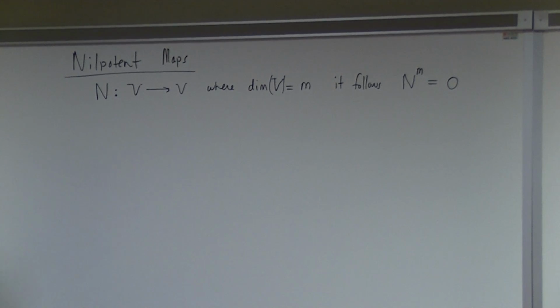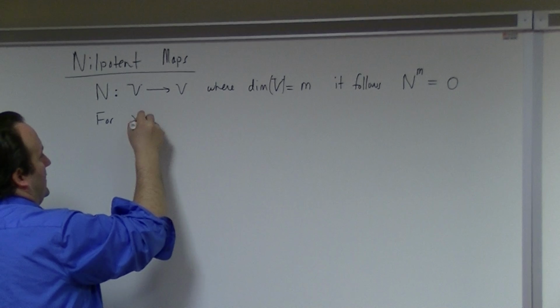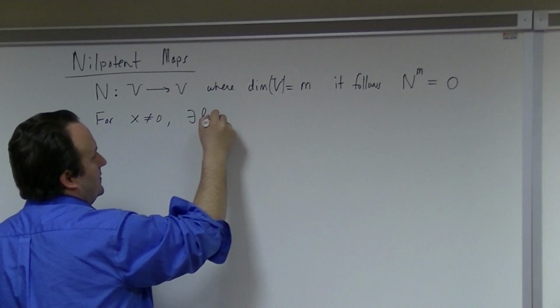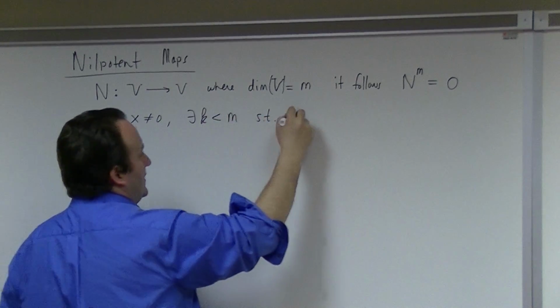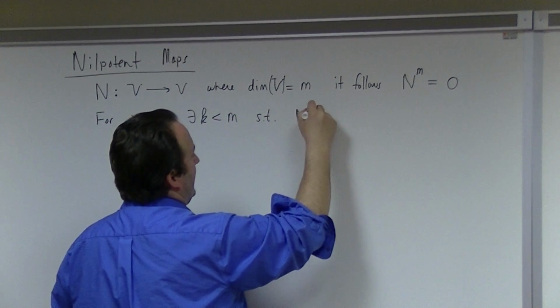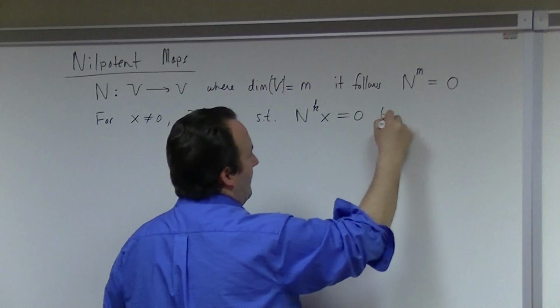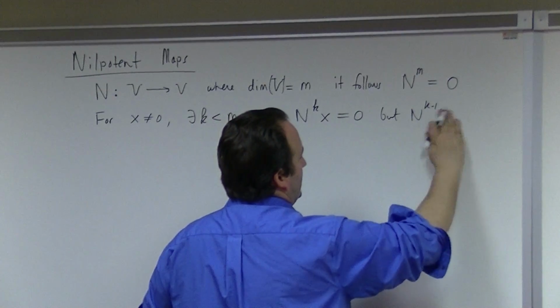So as we talked about last time, for a given x, for x not equal to 0, there exists some k less than m such that n to the k acting on x is equal to 0, but n to the k minus 1 acting on x is not.